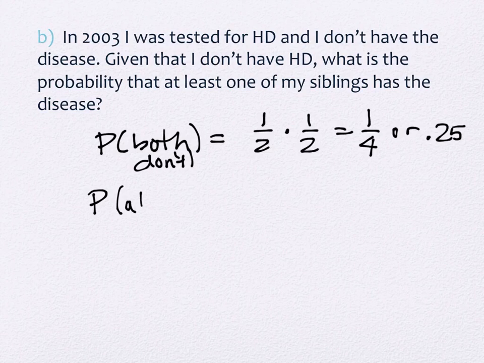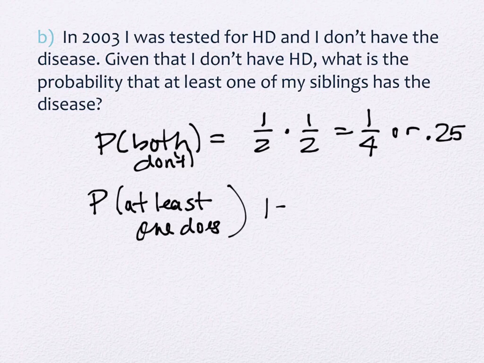So the probability that at least one does is 1 minus that. So there is still a 0.75 probability that one of my brother or my sister does, and they do both have children. My sister has 3 children, my brother has 2 children, and again, the branches will extend and they will continue if in fact one of them has the disease.